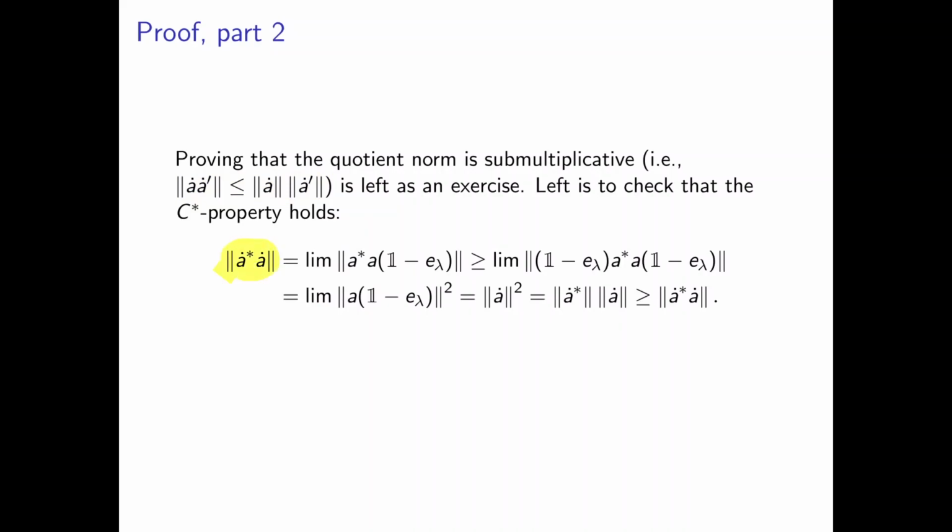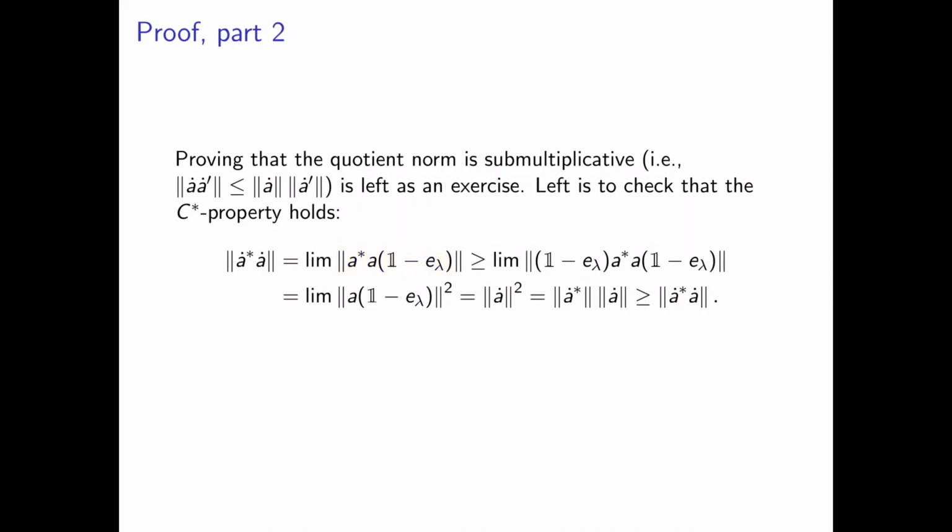So the norm of A star A, and I will just say A star A, even if there is a dot above it, is equal to, by definition, as we just saw, the limit of this expression here.